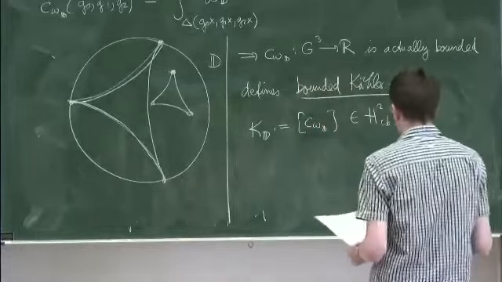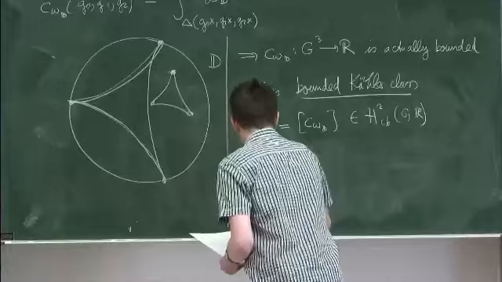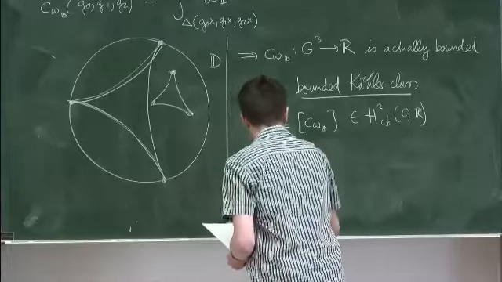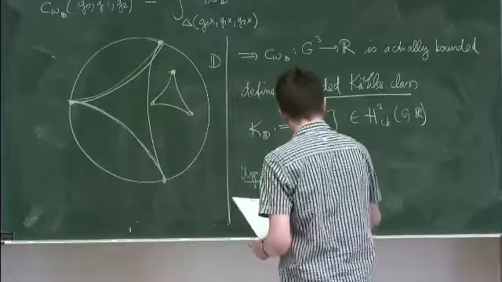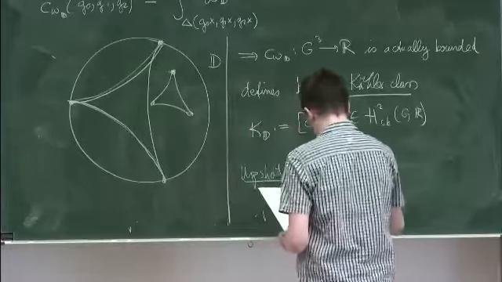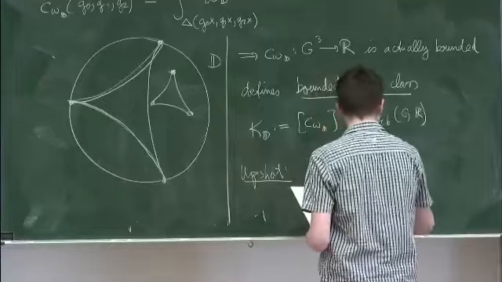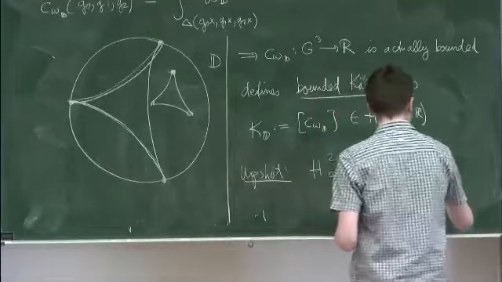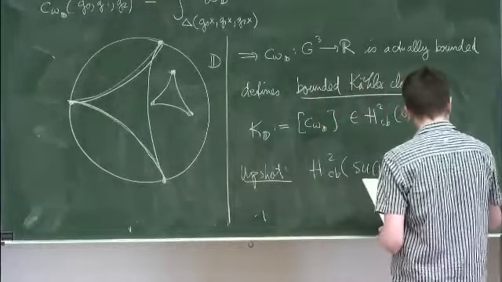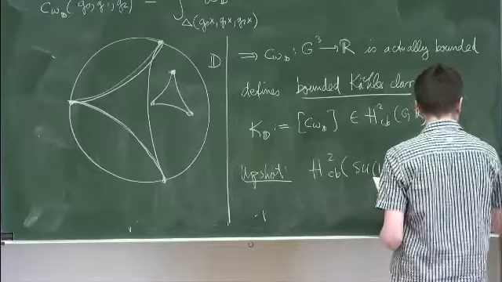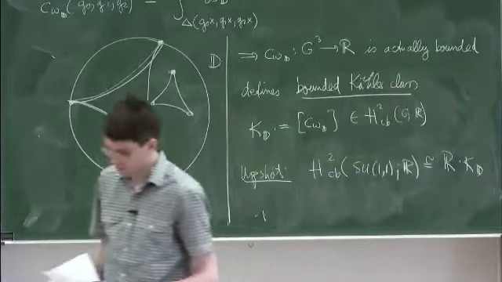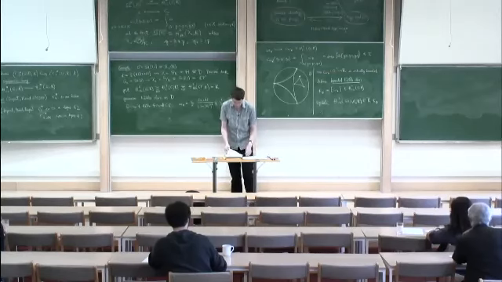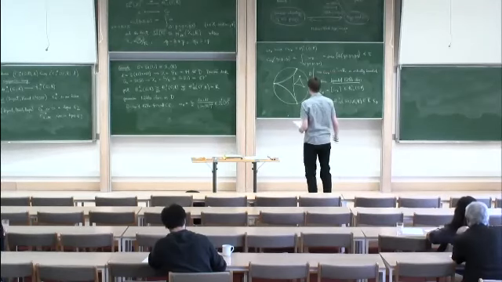And so the upshot of all this is that the second continuous bounded cohomology of SU(1,1), with real coefficients, is generated by this Kähler form. And this will later be of particular importance for defining certain invariants.